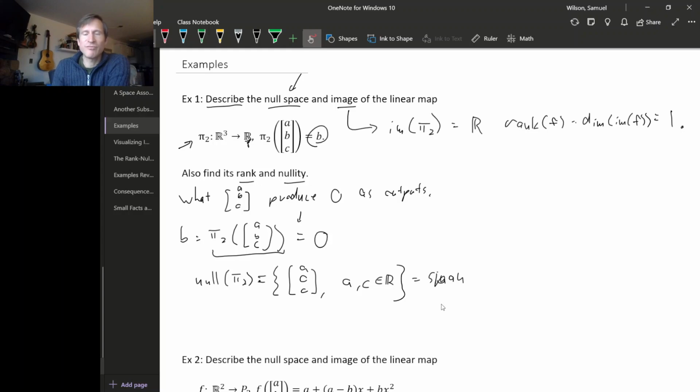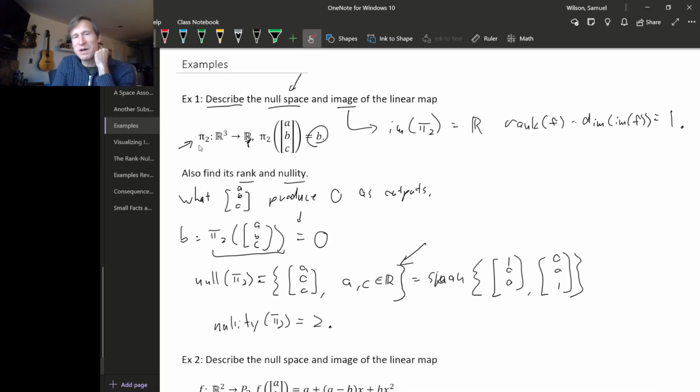In general, finding a basis might be tricky depending on the example, but for this particular example, this is clearly just the span of (1, 0, 0) and (0, 0, 1). These clearly span this subspace of R3, and they're clearly linearly independent, so these two vectors form a basis for the null space. Since we have a basis with 2 elements in it, the nullity of this map, pi 2, is 2.